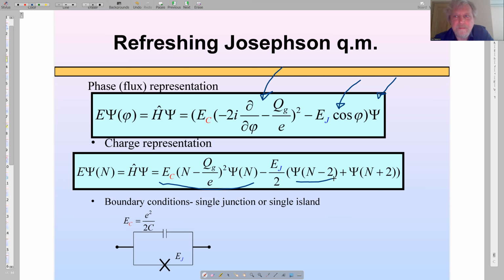This Schrödinger equation has to be supplemented with boundary conditions. So as the wave function is periodic in phase, and then we have a single Josephson island, the charge is discrete. Or it doesn't have to be periodic, and then we deal with a single junction between two leads as it is given in the plot.